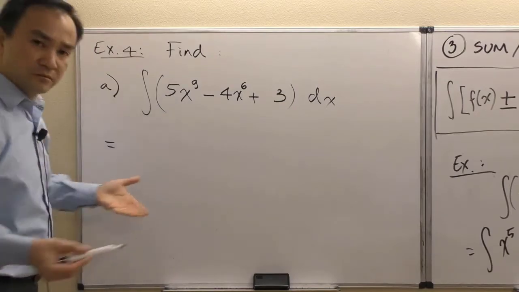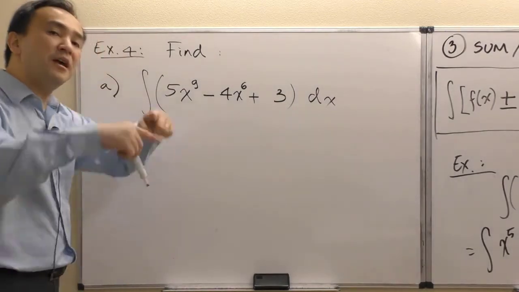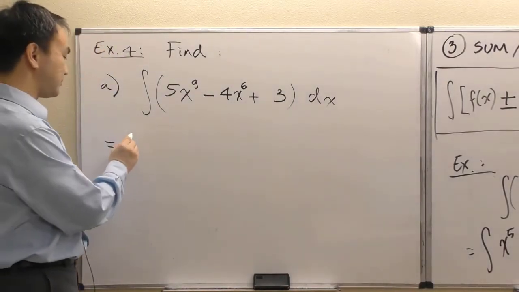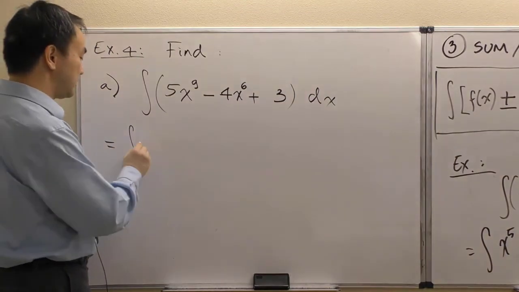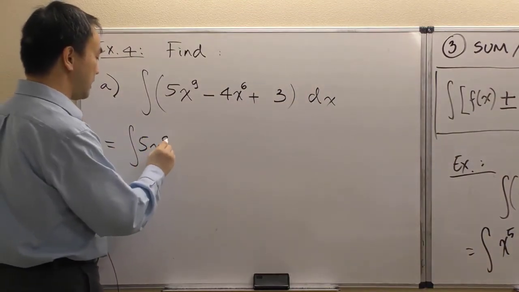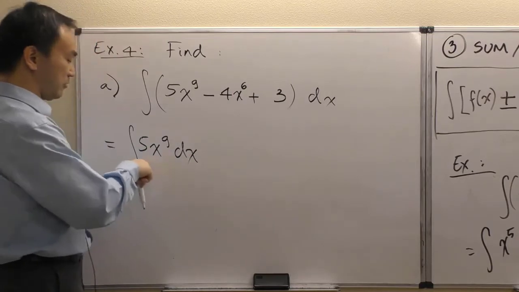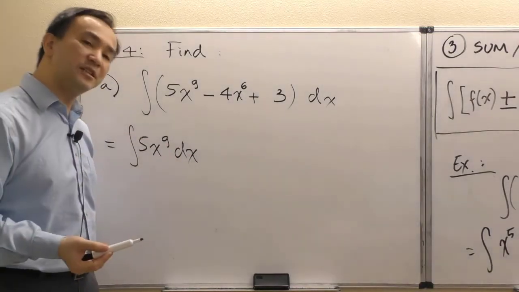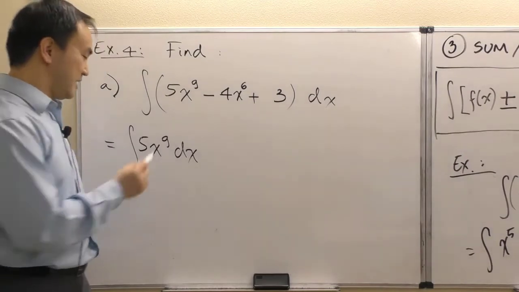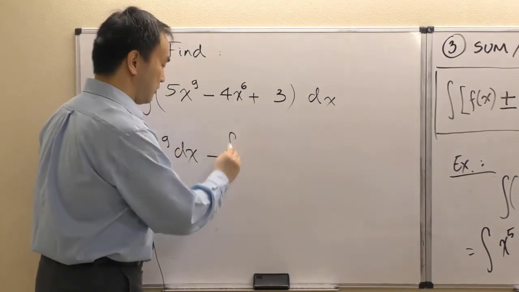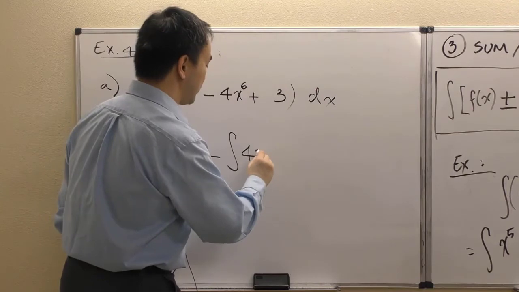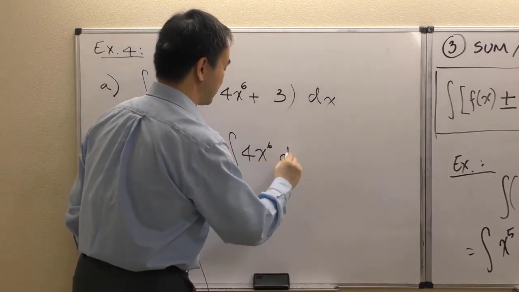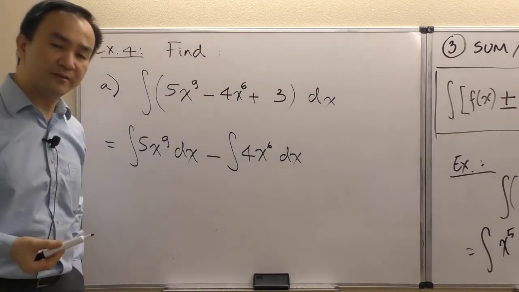So the sum and difference rules blended together allow me to do this. The antiderivative of 5x to the 9th dx, we can individually take care of on the first term. And then minus the antiderivative of 4x to the 6th, the middle term.